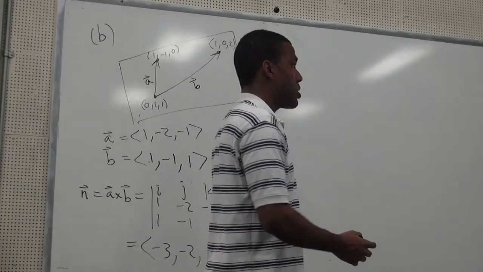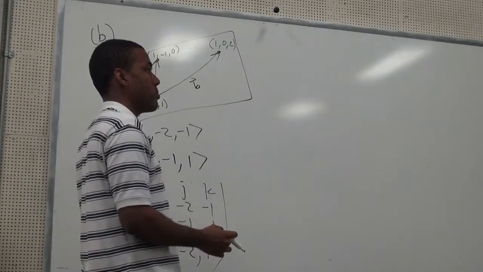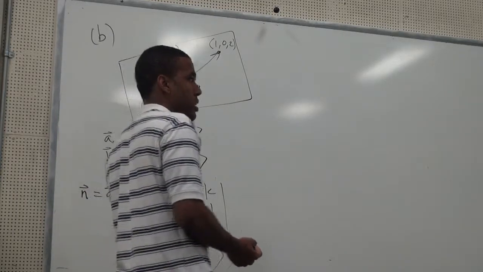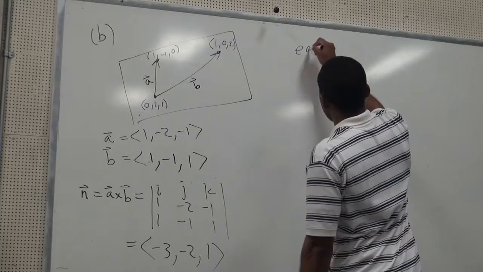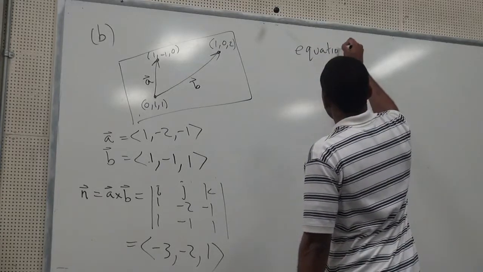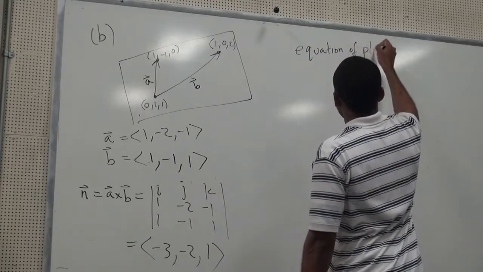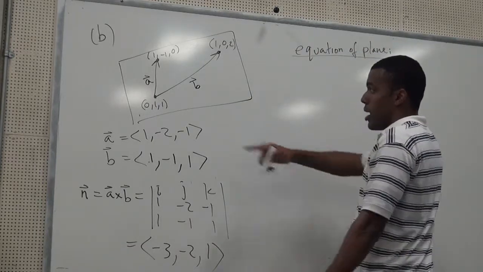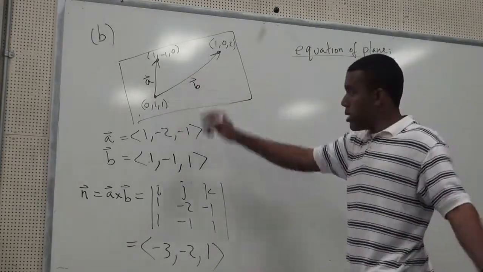And so now we can find the equation of the plane right away. That's actually second, sorry. The equation of the plane: we can pick any point we want, any point you fancy.